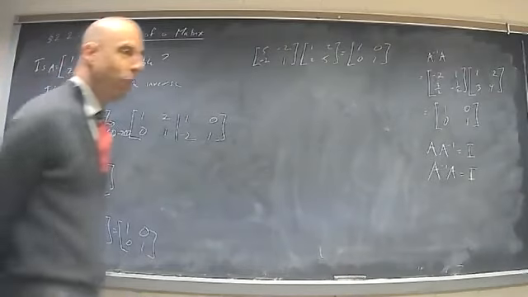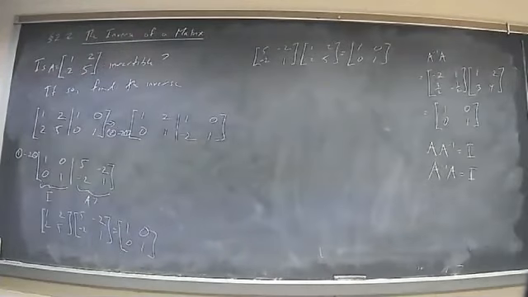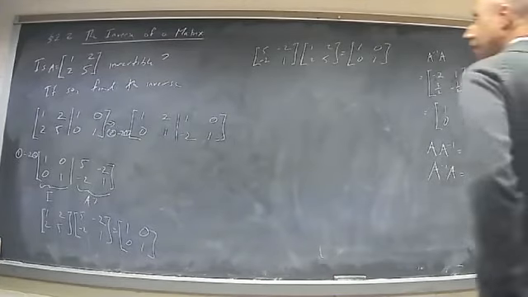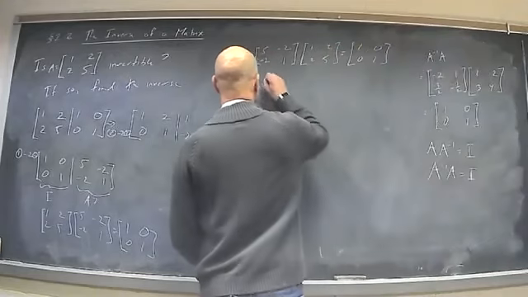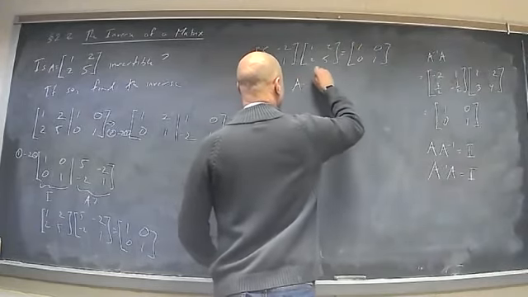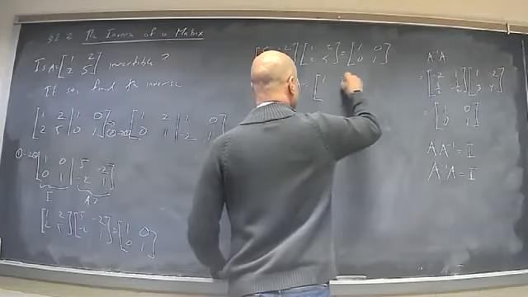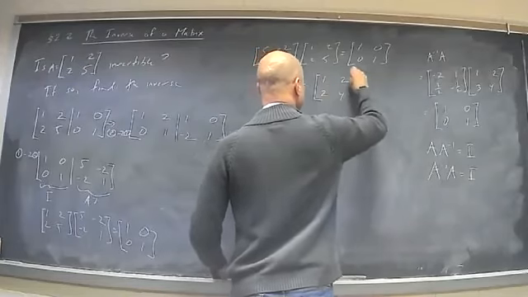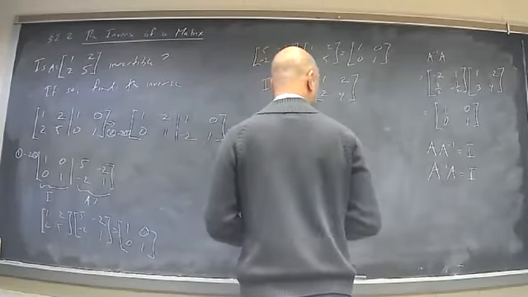Did anybody have any trouble with that? Is there anything I can explain? Was that something you could do by yourself? Awesome. So how about this? Is A equal to [1, 2, 2, 4] invertible?